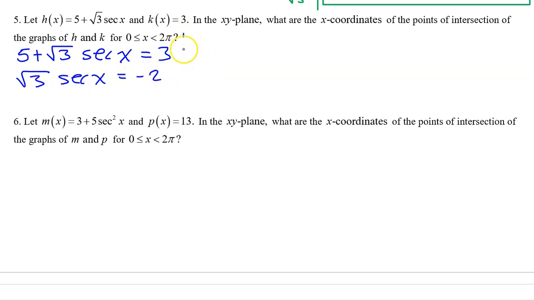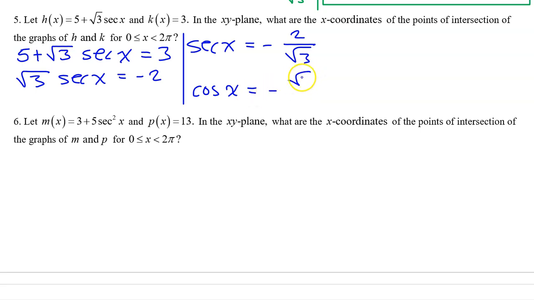Next, we divide both sides by radical 3. This leaves the secant of x is equal to negative 2 over radical 3. Secant is the reciprocal of the cosine function. So if we take the reciprocal of both sides of this equation, we have the cosine of x is equal to negative radical 3 over 2.